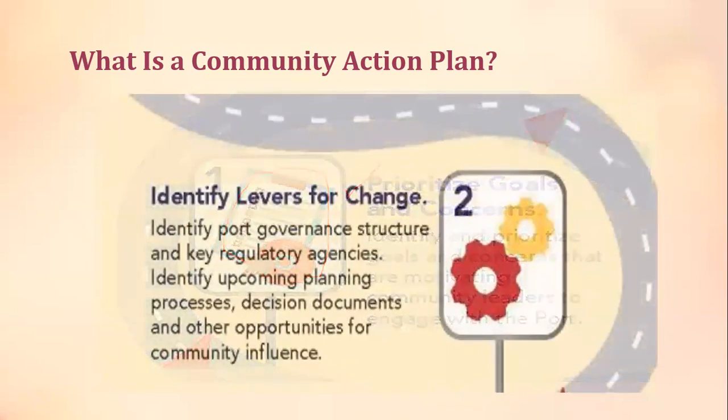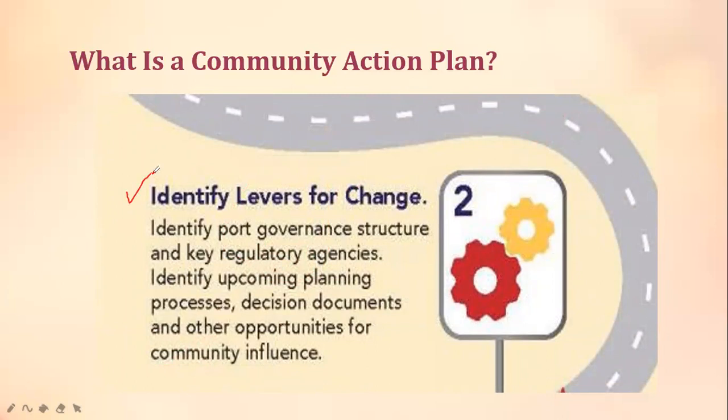Step 2, we are going to identify levers for change. So unsa tong mga butang na pwede makatabang sa tua para ma-change ang ato ang komunidad. So for example, identify port governance structure and key regulatory agencies, identify upcoming planning process, decision documents, and other opportunities for community influence.